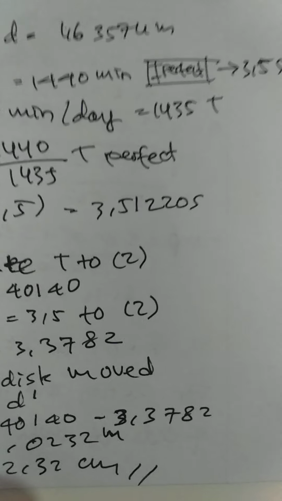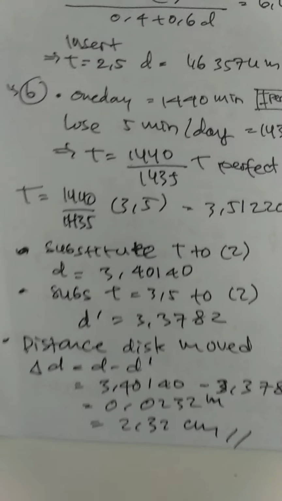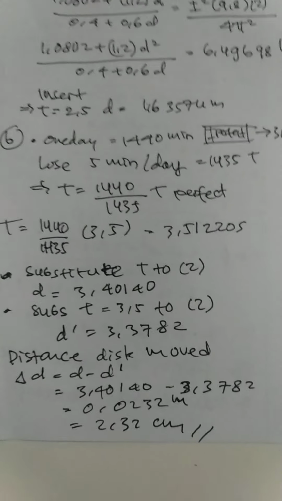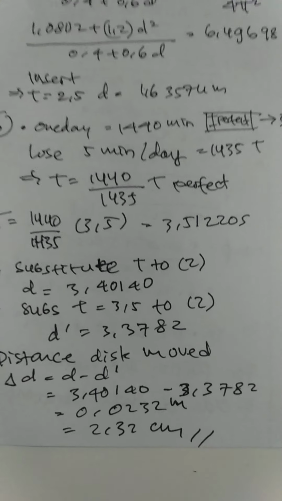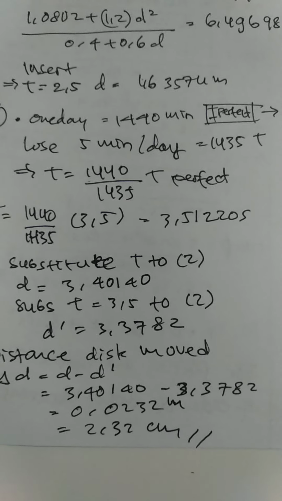The next question is: suppose the pendulum clock loses 5 minutes per day. One day is 1,440 minutes, lost 5 minutes per day.